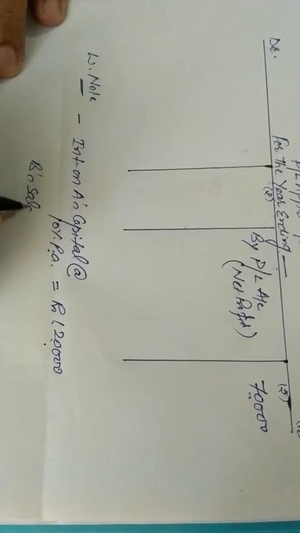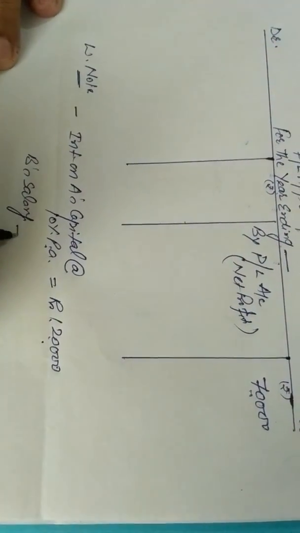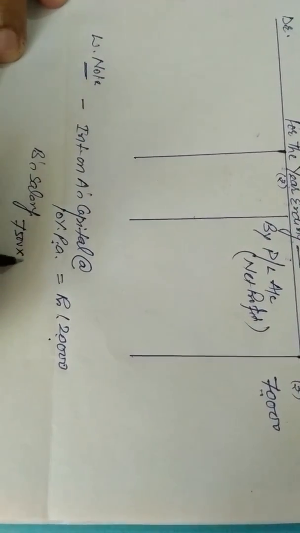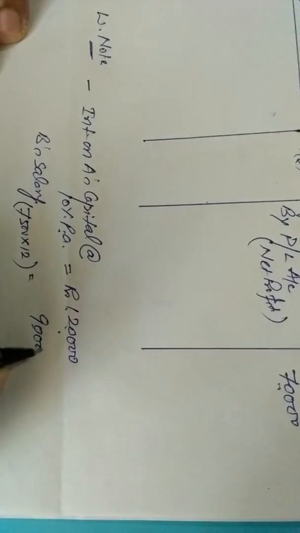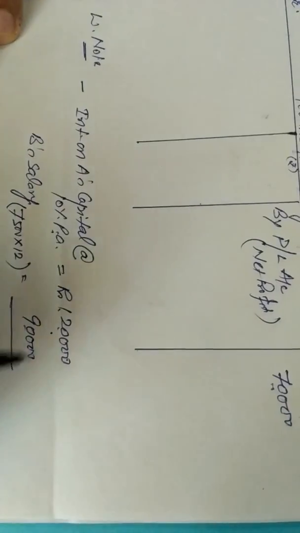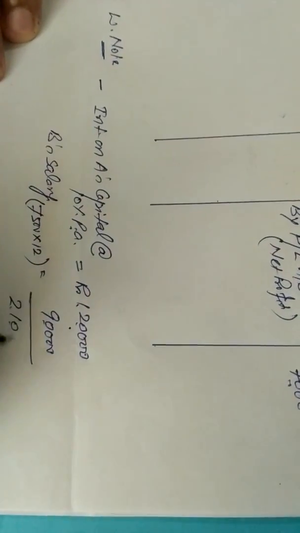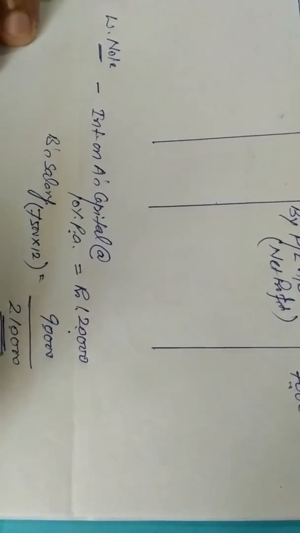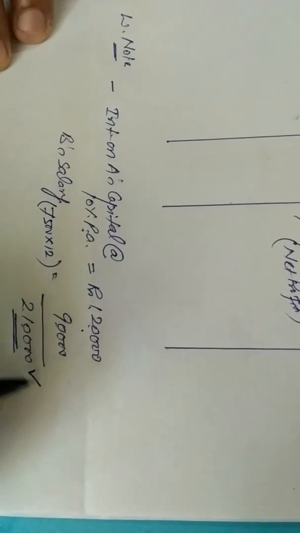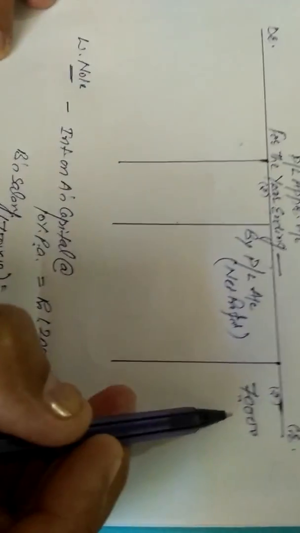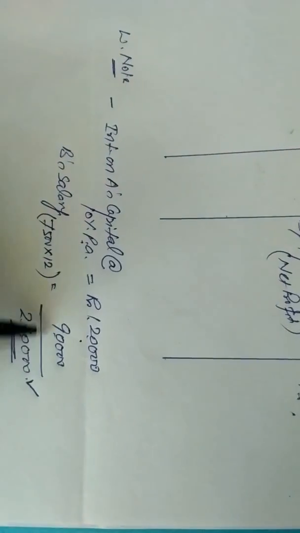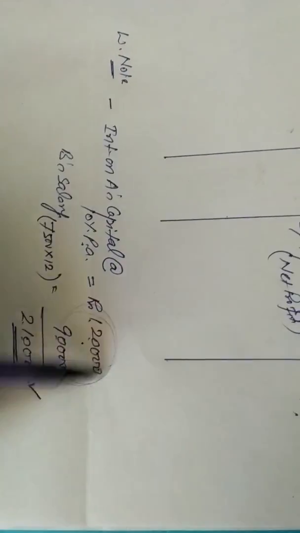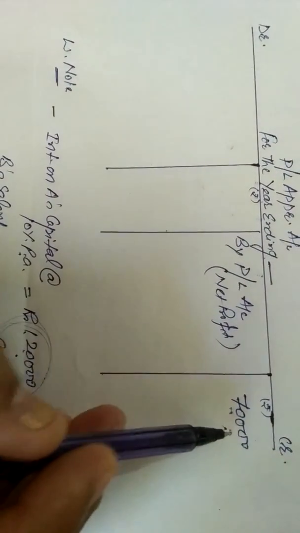And B's salary at the rate of 7,500 per month, multiplied by 12, will be rupees 90,000. It means the total appropriation will be 2,10,000. Now the appropriation of profit is 2,10,000, but the available profit is only rupees 70,000. That means again the appropriation of profit is more than the given net profit.